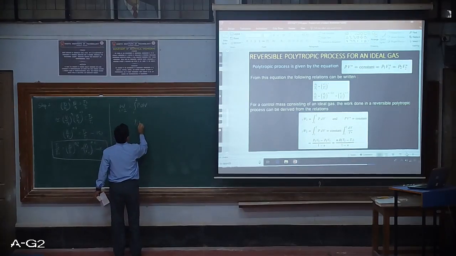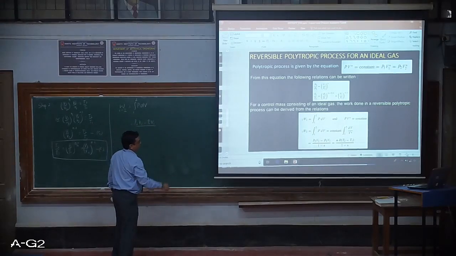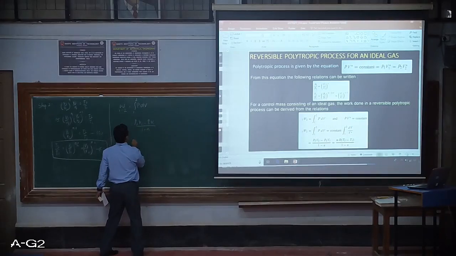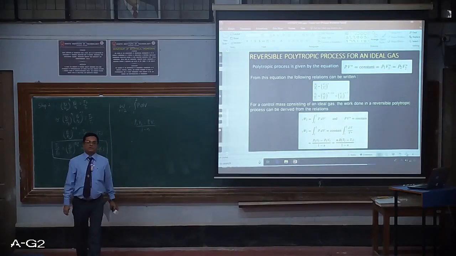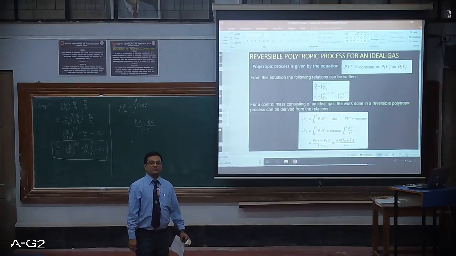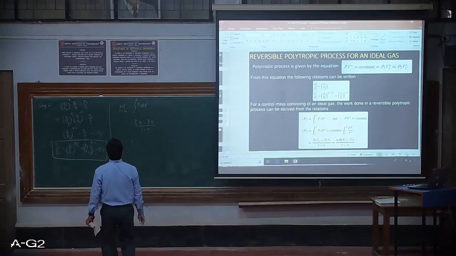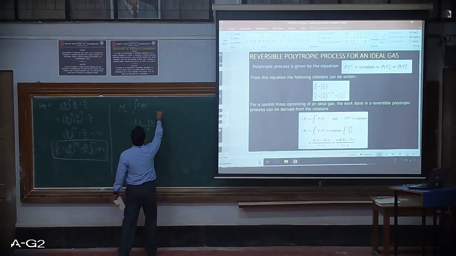It is P2 V2 minus P1 V1 upon 1 minus n. So this we have already developed in the first unit, work done or the PdV work or displacement work for a polytropic process. Now this need to be again written in terms of some other relations.